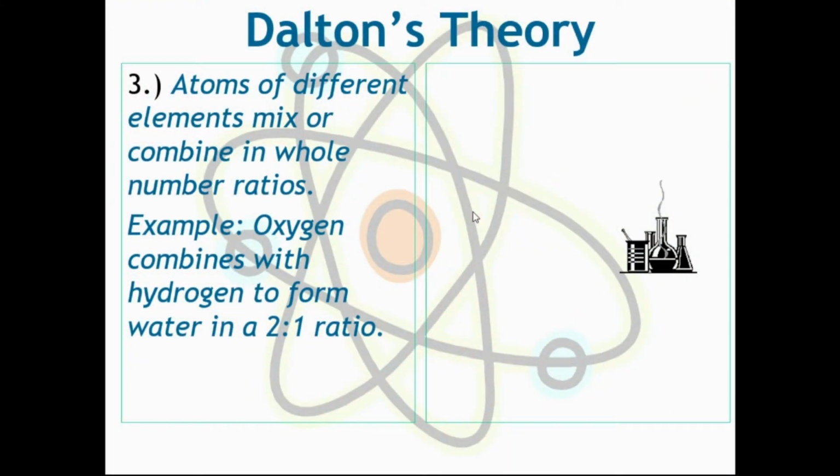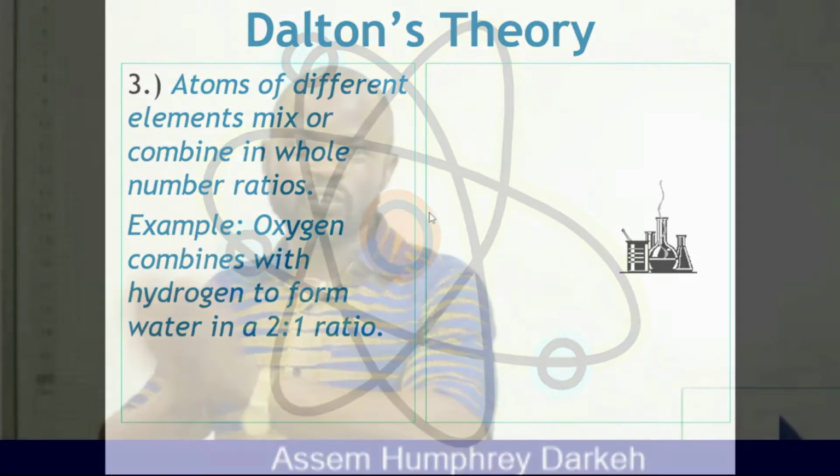Now, of course, you would agree with me that this idea came from Proust, and this is what Proust actually described as the law of constant proportion. So Dalton also saw that this proposition makes sense, hence he postulated it.